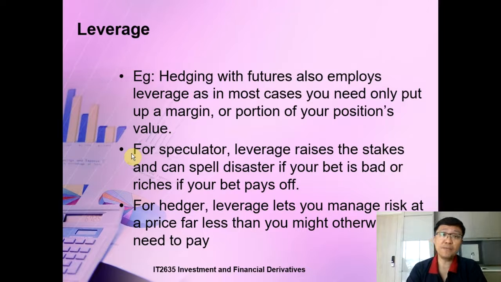When we talked about leverage earlier, you use a certain portion or margin of your position value to hedge against some losses. You don't use the cost of all the market value. You can use a percentage or margin of it to cover some of your risk, right?